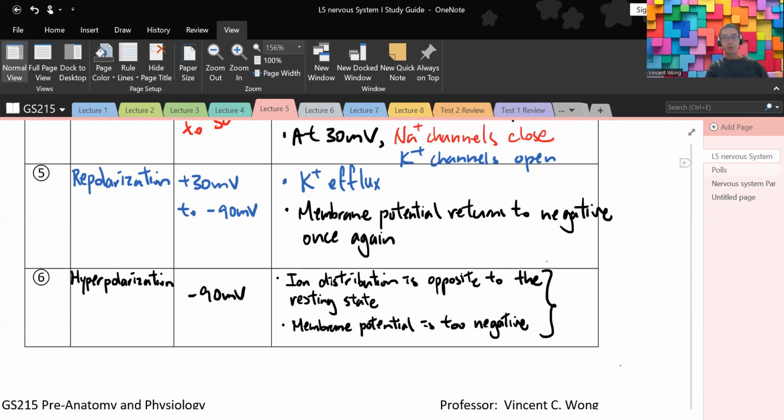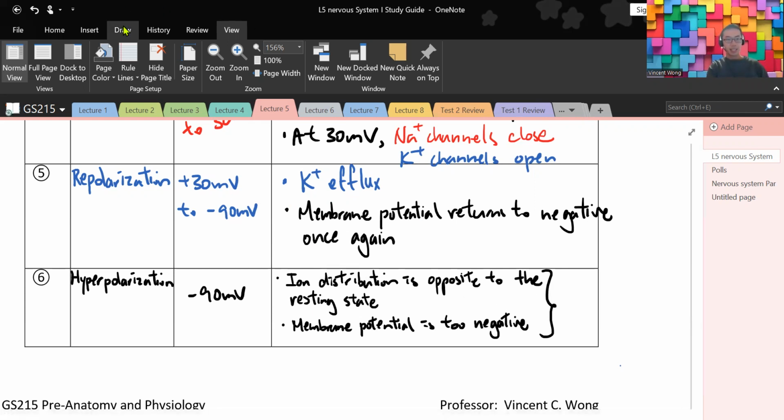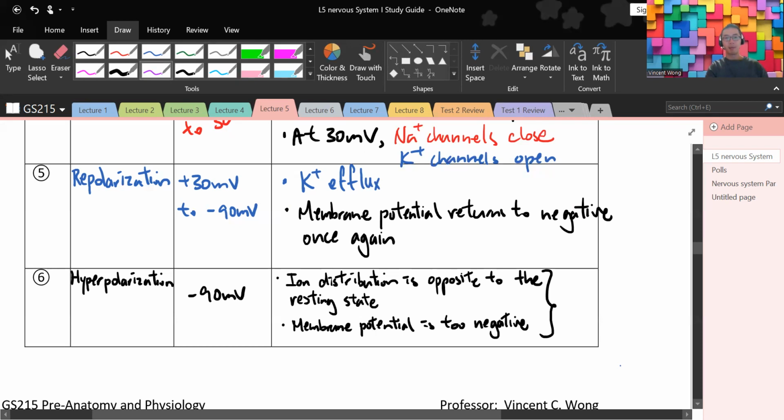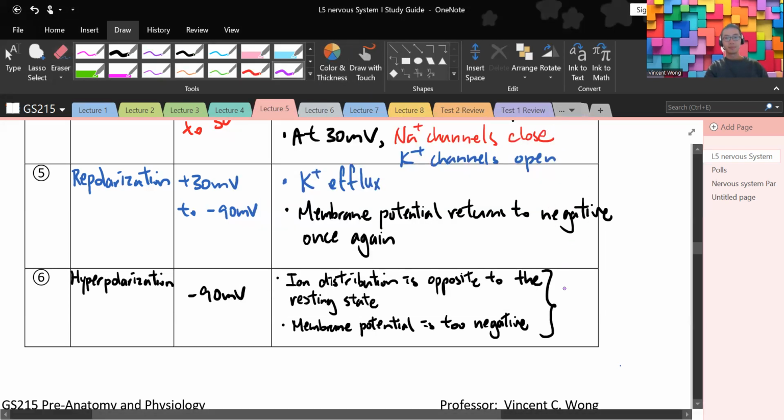And so I want to ask you, what's responsible for redistributing the ion and resetting it back to minus 70? What is that protein that is going to be responsible for doing that? Mavis says the pump. That is correct. What's the name of the pump though? Sodium and calcium pump. Sodium and potassium, that's right. Sorry, potassium, yeah.